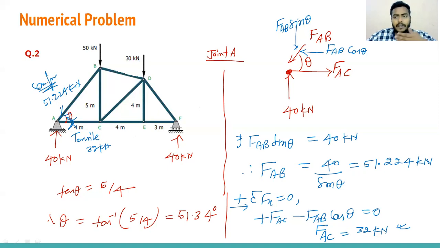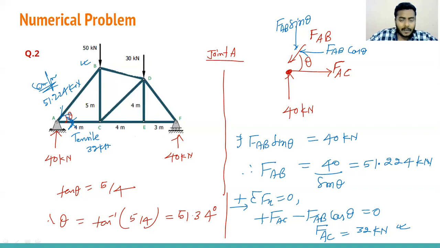Okay. Now we can go for the joint B, then you can go for the joint D, then we can go for the F, all those things. So by doing this procedure, suppose directly you cannot calculate at B. Why? Because three unknown forces are there, right? So we cannot solve.